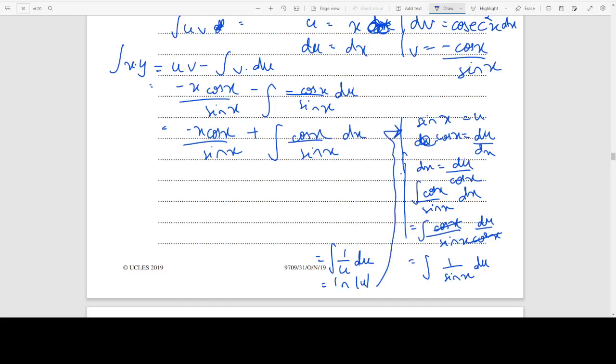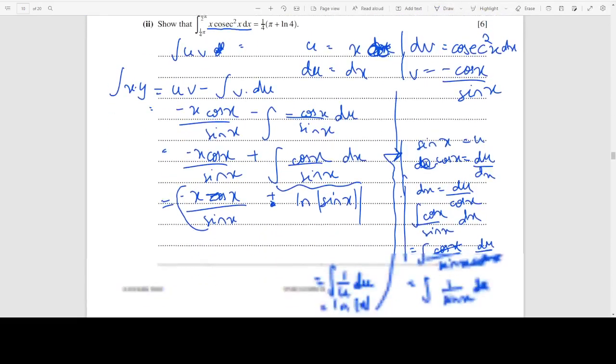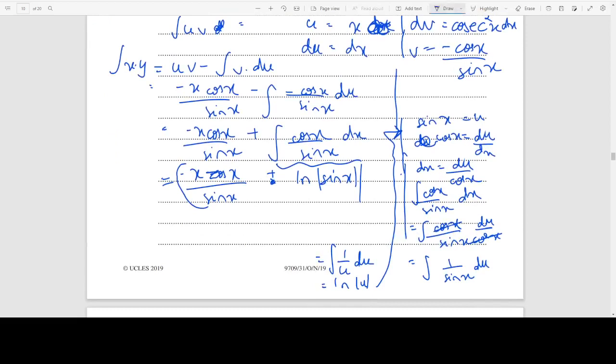So the integration of cos x upon sin x dx is equal to ln sin x, and continuing, now we just have to apply the limits, which are pi upon 4 to pi upon 2.